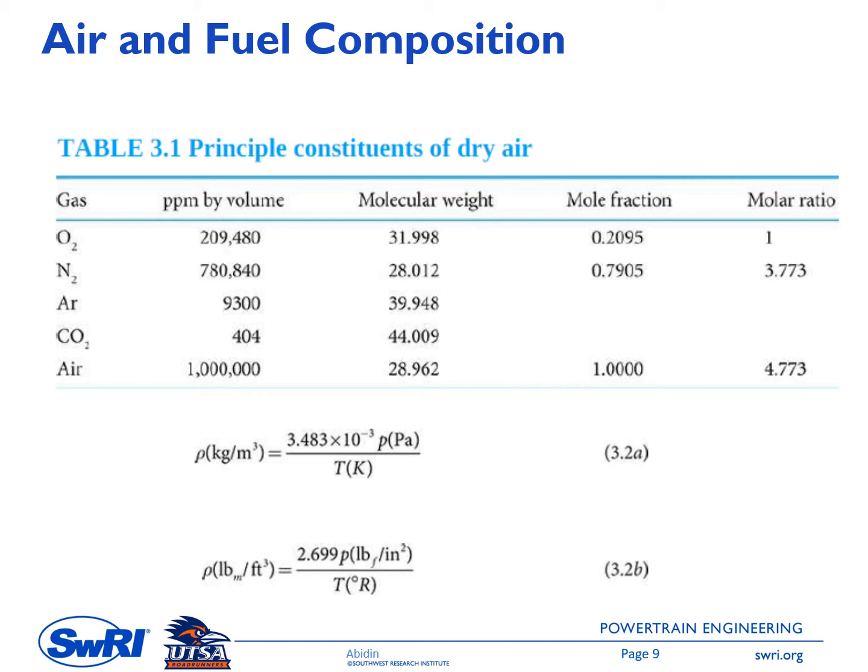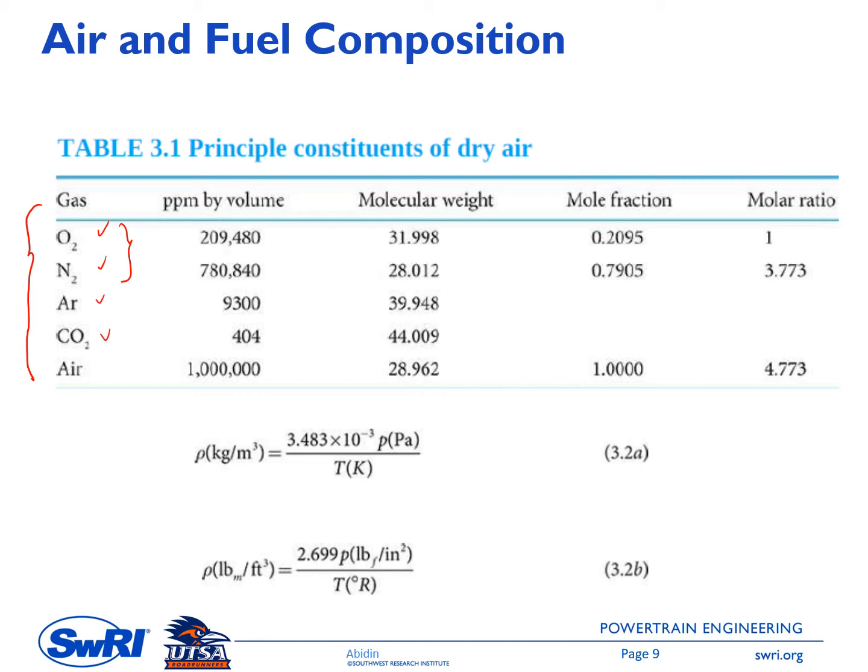As shown in this table, this is a composition of dry air. You can see we don't have H2O in this first column, so this is dry air. Within this dry air we have oxygen and then nitrogen. These two are the main species of dry air, and then we have argon, CO2.